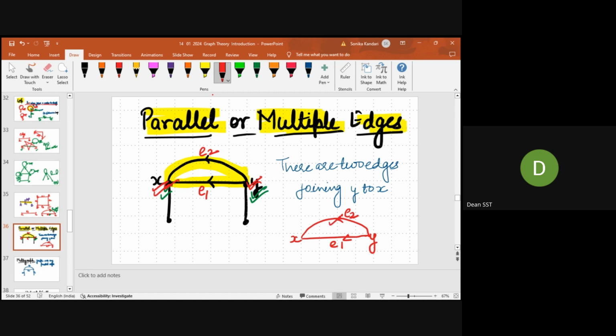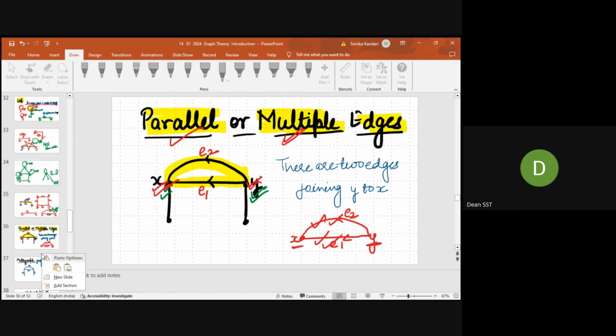More than one edge is joining points X and Y. So these are known as parallel edges or multiple edges. Is it clear? Yes, sir. Yes, ma'am.